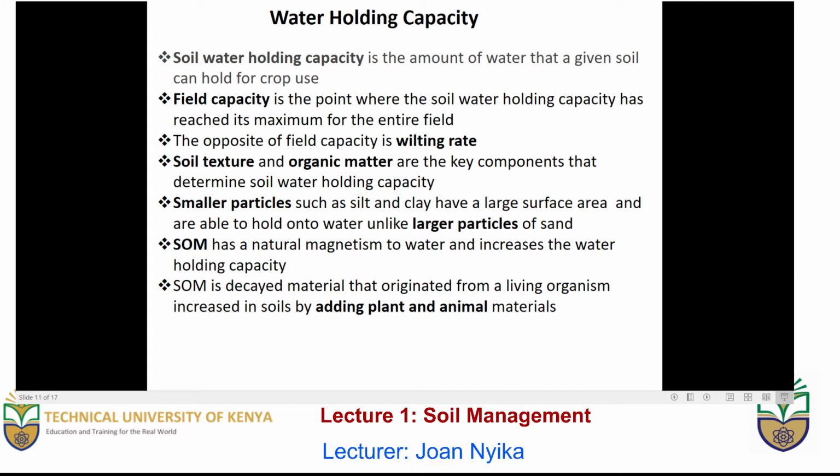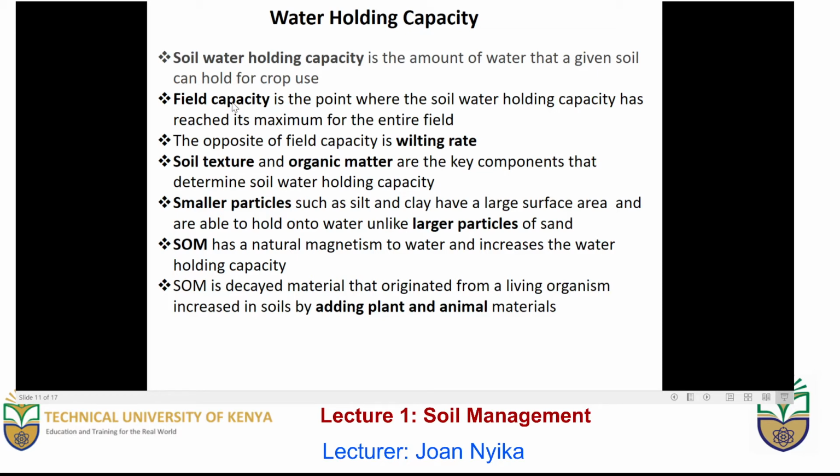Field capacity is the maximum amount of water a soil can hold. The opposite of field capacity is what we call the wilting rate. It is the least amount of water a soil can hold for plant growth.